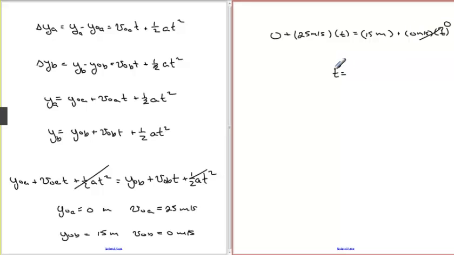So the time is going to be equal to 15 meters divided by 25 meters per second, which is 0.6 seconds. So that's the time that they're going to be at the same height. Actually, that's what they're asking for, 0.6 seconds. So let's just pause for a moment.